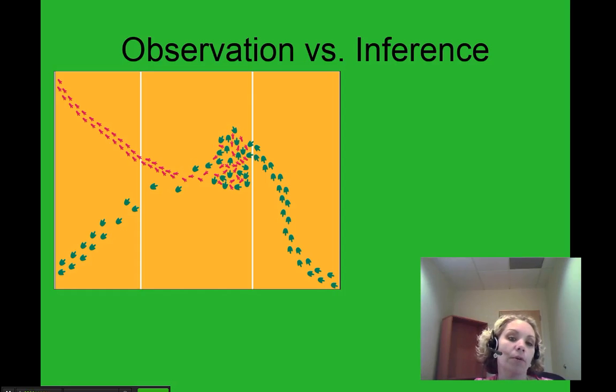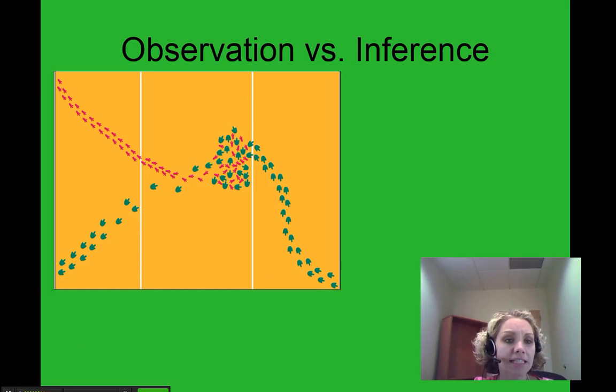To me, they look like footmarks. Okay, so I see footprints coming in from two different directions. They come together. Only one pair of footprints leaves. I can make even more inferences about what happened to the individual with the red footprints. Did it get eaten? Did it fly away? So that's the difference between an observation and an inference. Just keep those in mind.